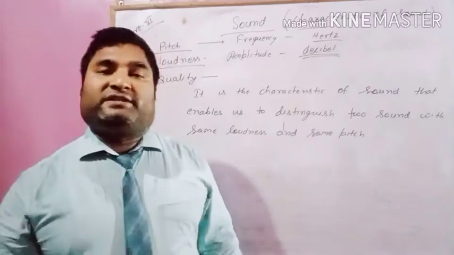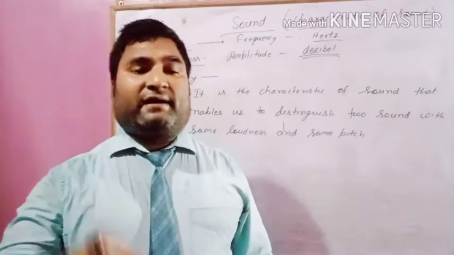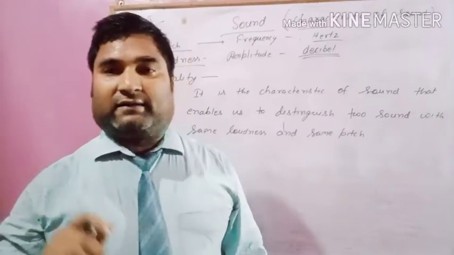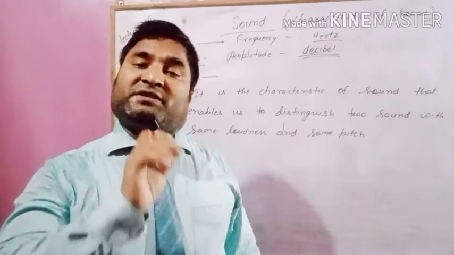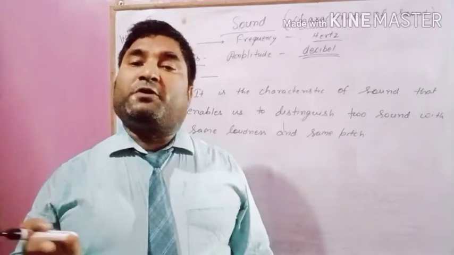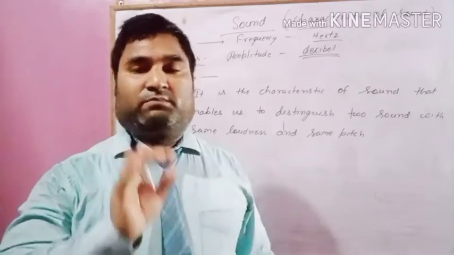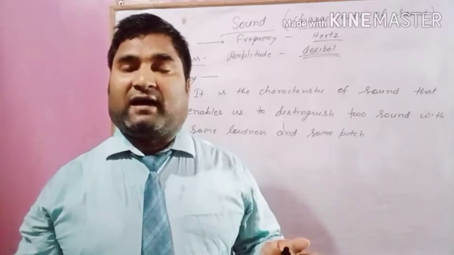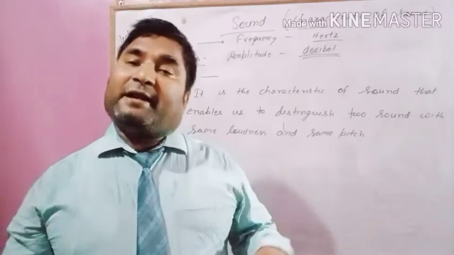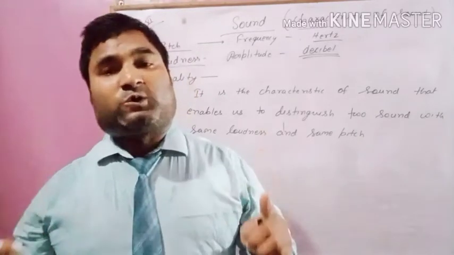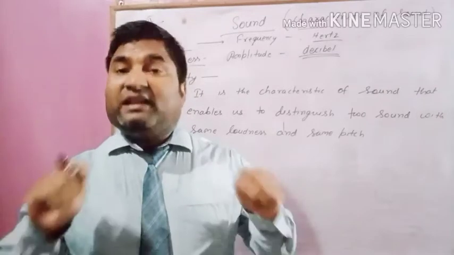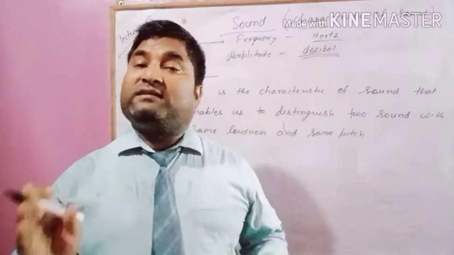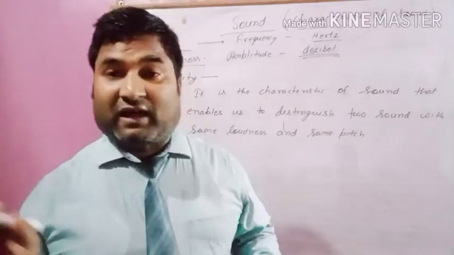For example, take a guitar and a sitar. You set it so that the loudness of the sound produced by both guitar and sitar is the same, and you set that the pitch is also the same. Still you can distinguish that this sound is coming from the guitar and this sound is coming from the sitar.